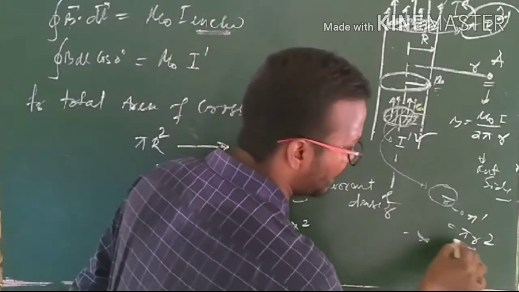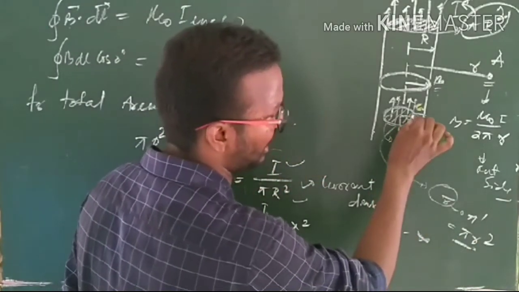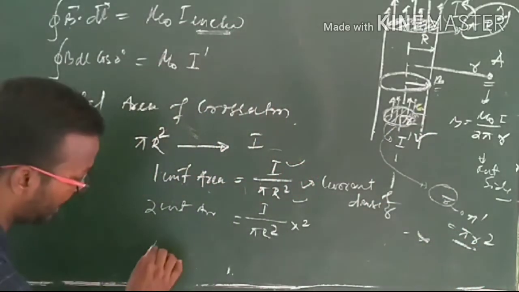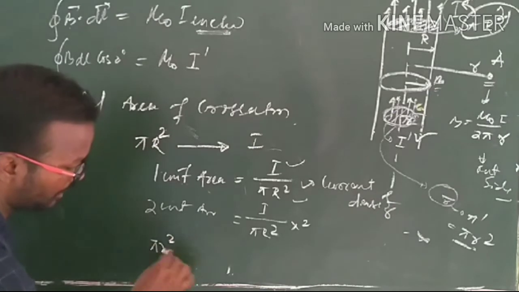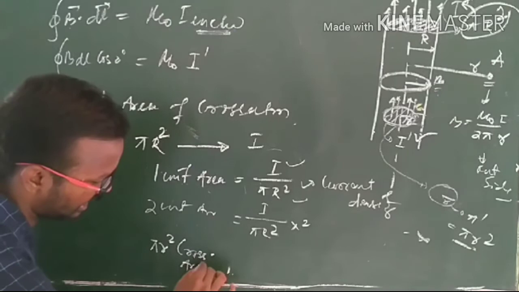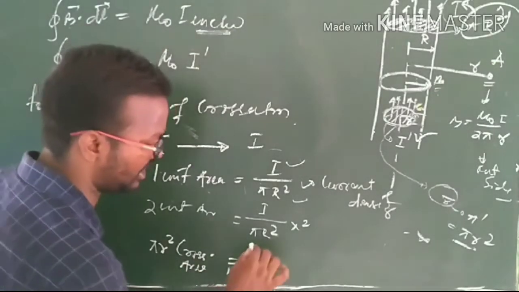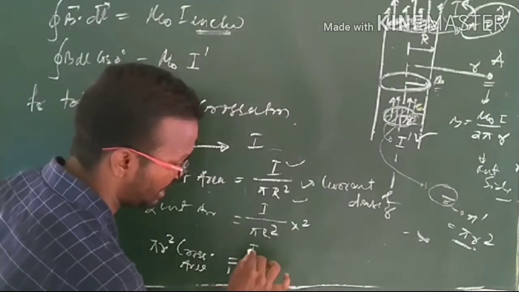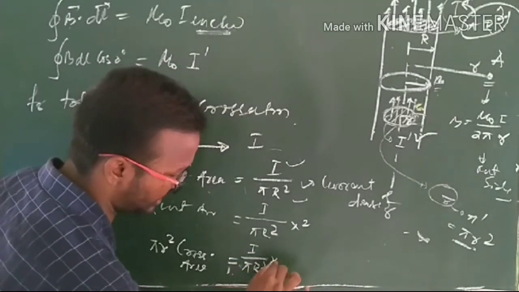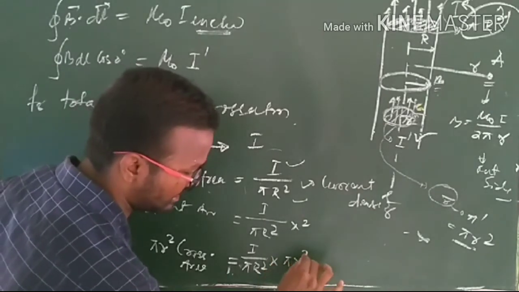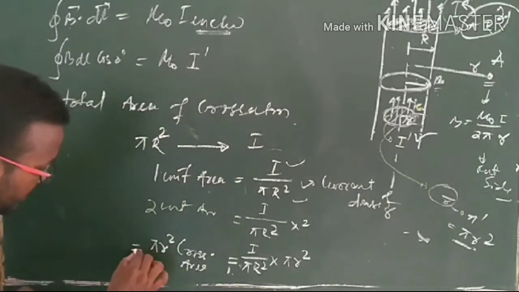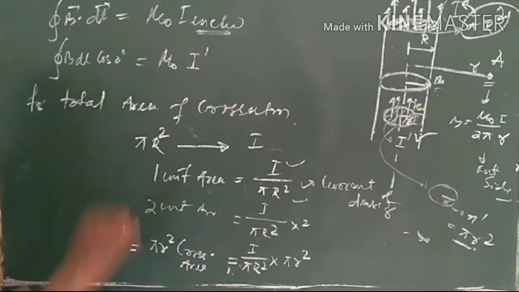Similarly, for pi r square area, the cross sectional area with small radius r, the current flowing through it is I by pi R square into pi r square. Clear? This can be written as I dash.